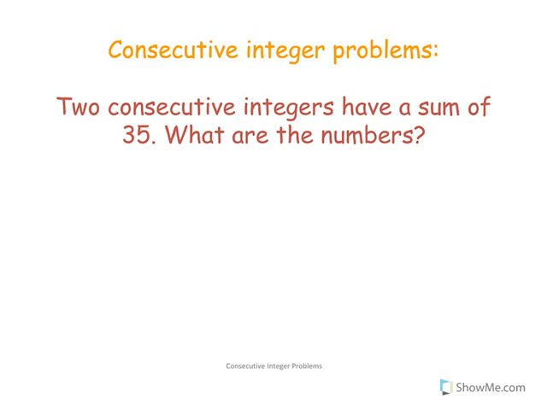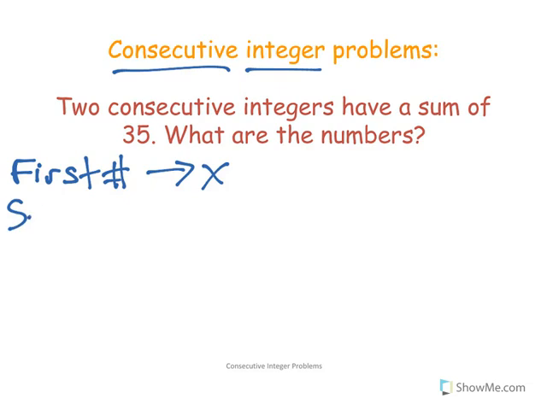So whenever we are dealing with consecutive integer problems, if the first number is, say, x, then the second number, assuming it is greater, we are going to call x plus 1. And that's going to be our procedure for pretty much all consecutive integer problems.